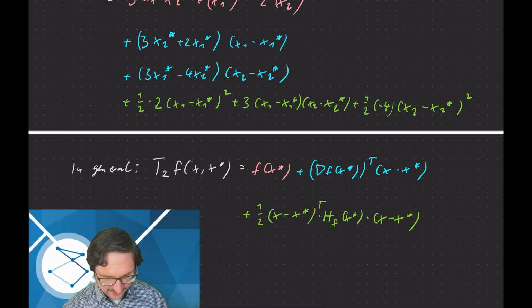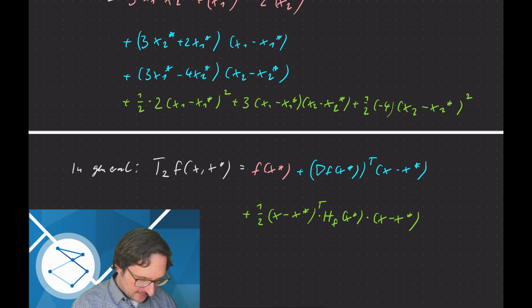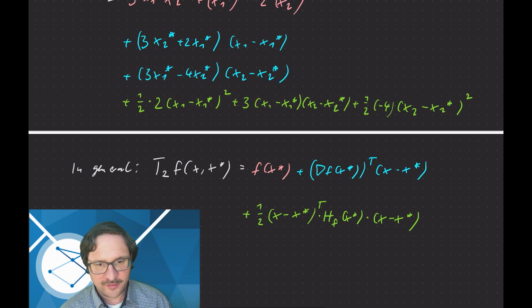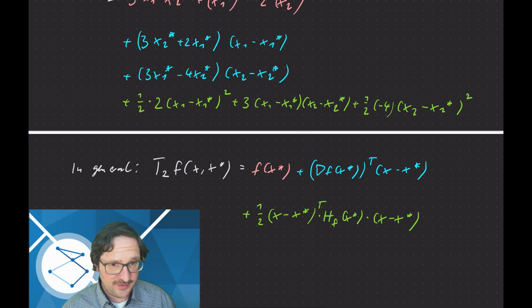Finally, to round this off, of course we have to talk about the approximation properties of Taylor's formula. And you will remember in the one-dimensional case we had this nice remainder theorem that gave us a formula to express the difference between the actual function and the Taylor approximation to some degree.